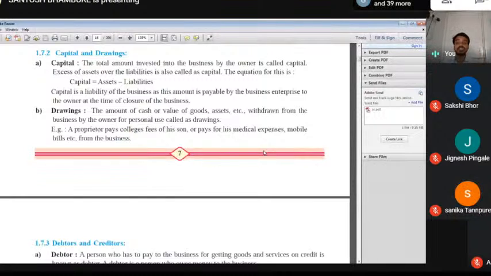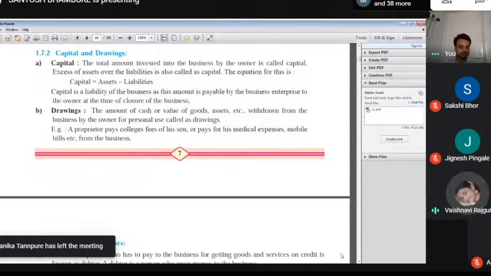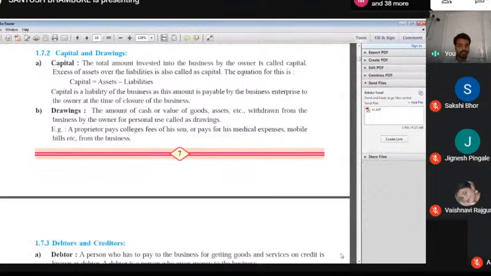So what is the meaning of asset? Property. This is only one word. Can you explain that word in a specific, systematic way? Vaishnavi?